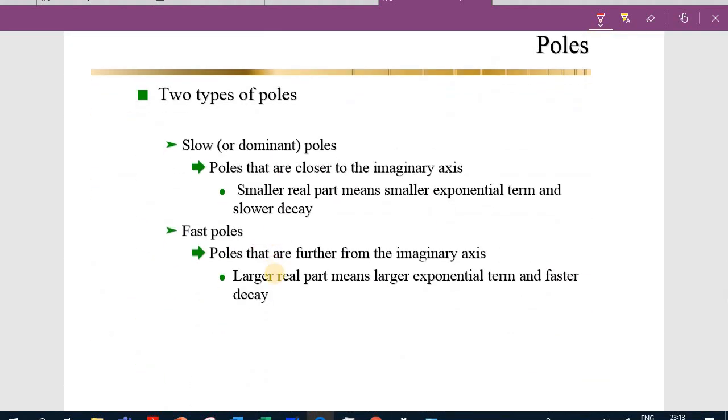So we have two types of poles. The poles that are closer to the imaginary axis are called dominant poles. And if you have small real parts, it means a smaller exponential term and slower decay. So what do we mean by that?